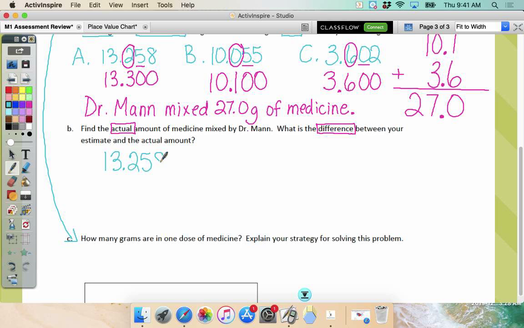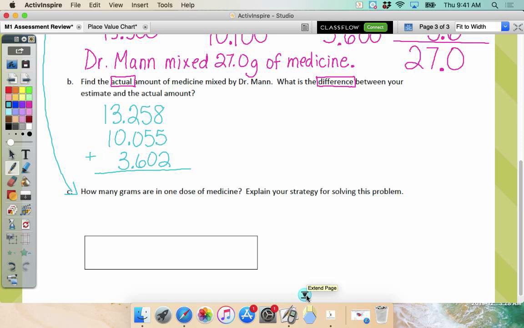I'm going to add 13.258, 10.055, 3.602. And can I add those on my place value chart to check? Yes, but I want to see it on the paper. Now, Lane said, well, can't we just add 2 and then add the third one to double check? Yes, you can. I'm just not going to take time for that right now.